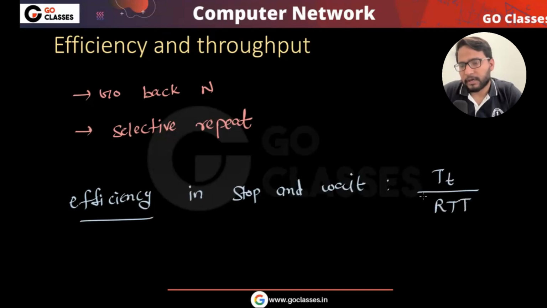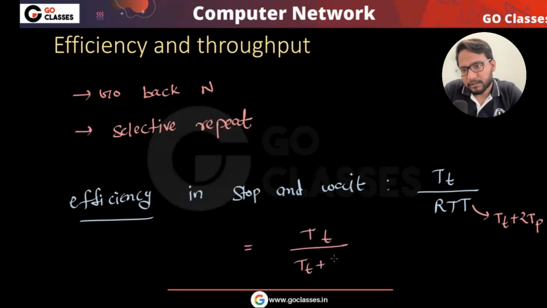And RTT in most places is TT plus 2TP. So this was the efficiency in stop and wait. If you write it as TT upon TT plus 2TP, you can say that you are utilizing this much time out of this much time. That was the efficiency.